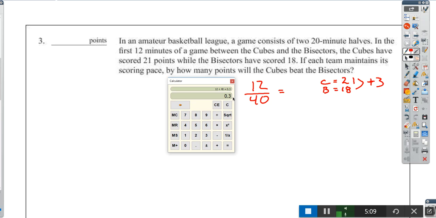We're going to have 7/10 more. That means they're going to increase their lead by 7 more points. So 3 plus 7 is a grand total of 10. So the Cubes will beat the Bisectors by 10. Make sense? Hopefully.